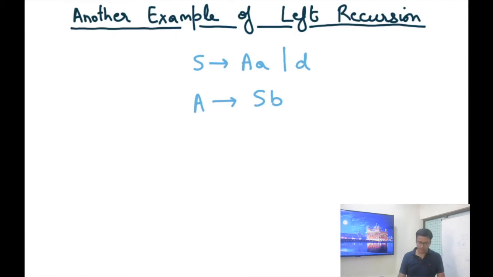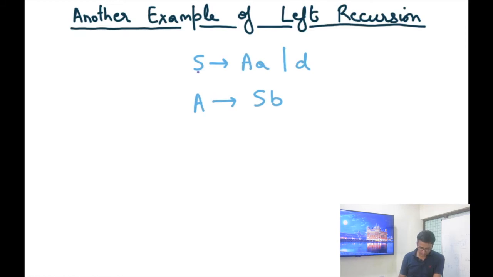Here's another example of left recursion. Left recursion need not necessarily be manifested as shown in the examples earlier, which means a production from S produces S as the first component in the RHS. It could also be because of transitive productions. For example, in this example, S produces A small a, or D, and A produces S B. All right.